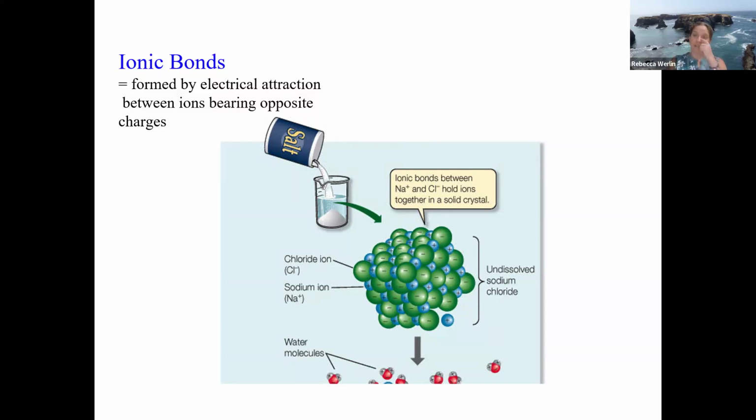So when you mix those together, the salt crystals, which have a line, so positives touch negatives and negatives touch positives, as you can see here, the negative chloride ion in green and the positive sodium ion in blue, form that salt crystal.